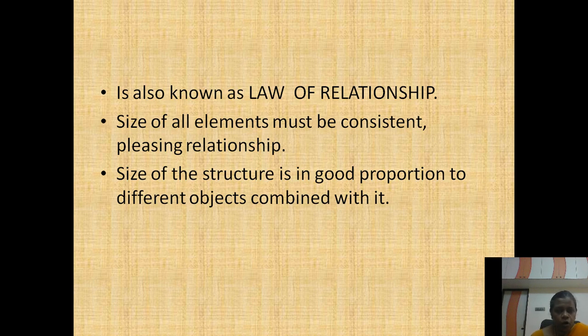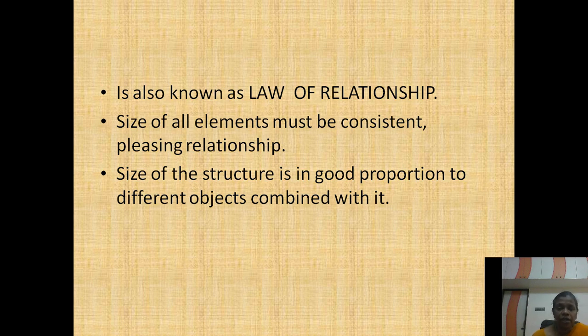So whenever you arrange a grouping of objects, for example a grouping of furniture, sofa, etc., the size of the furniture must be consistent with the size of the room and must have a pleasing relationship. Then the size of the structure is in good proportion to the different objects combined with it.